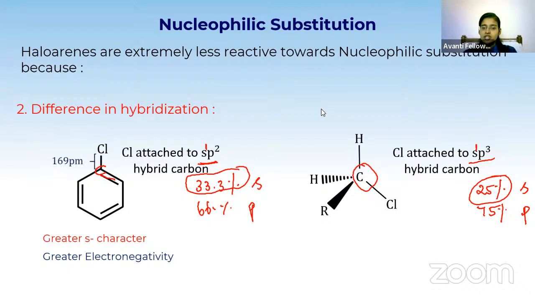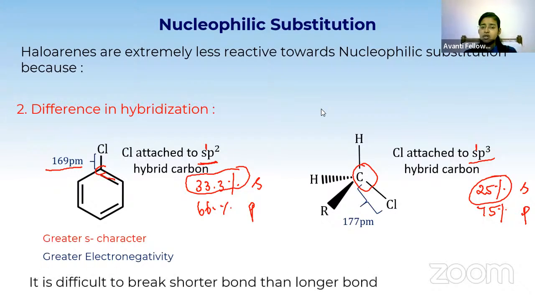Because of this, the carbon-chlorine bond length in haloarene is 169 picometer, and in haloalkane the carbon-chlorine bond length is 177 picometer. If the bond length is very less, the bond strength is more, right? If the bond strength is more, it is very difficult to break.